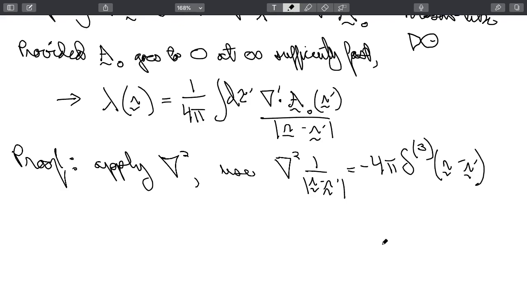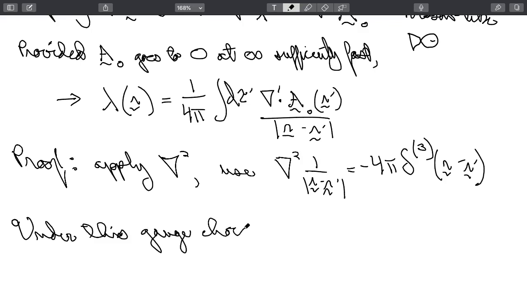All right. So under this gauge choice, Ampere's law becomes the following.